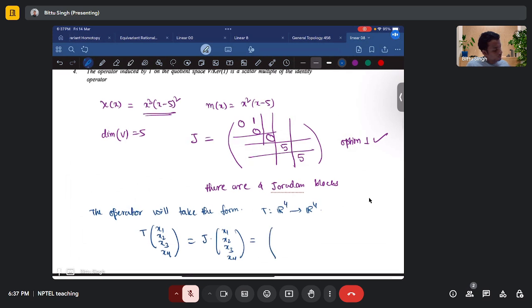So it will take this form: x2, 0, 0, 5x3, 5x4. Sorry, this is actually a 5 by 5 matrix because the operator acts on a 5 dimensional space, so we need to take another x5.